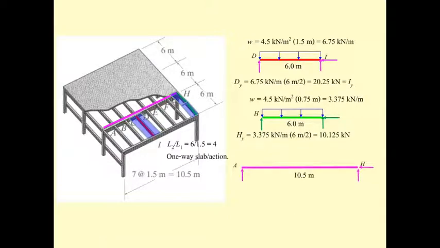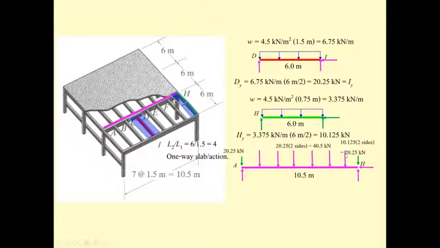So the model of the beam A, B, C, D, E, F, G, H is going to be these two forces of 20.25 at the ends, and the others are going to be 2 times 20.25, which is 40.5. All of them are 40.5, 40.5, 40.5, 40.5, 40.5, and 40.5.